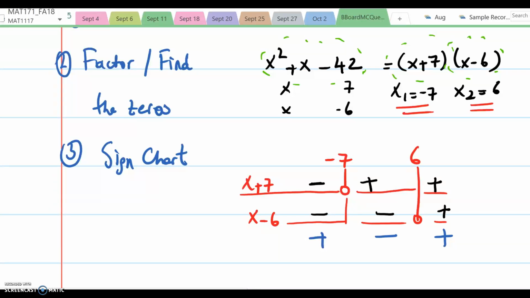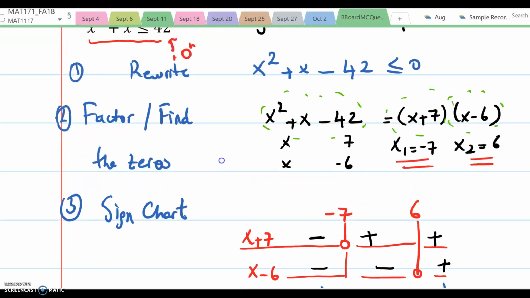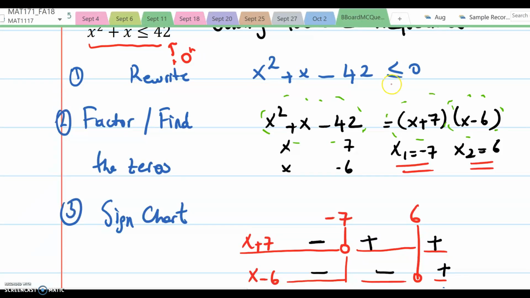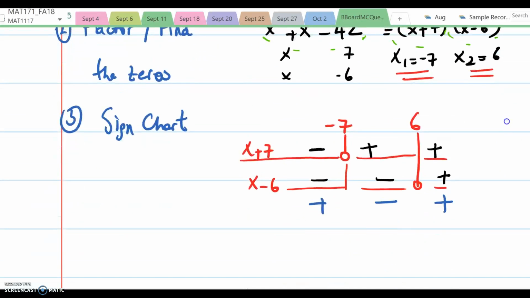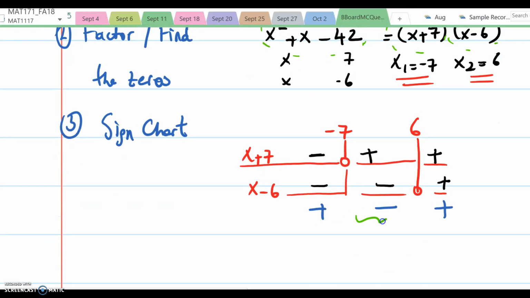Okay, so we're good. Now we need to go back. We're wanting this quadratic term less than or equal to 0. So then this is our solution area. We're coming from negative infinity to negative 7, then between negative 7 and 6, and from 6 to positive infinity.